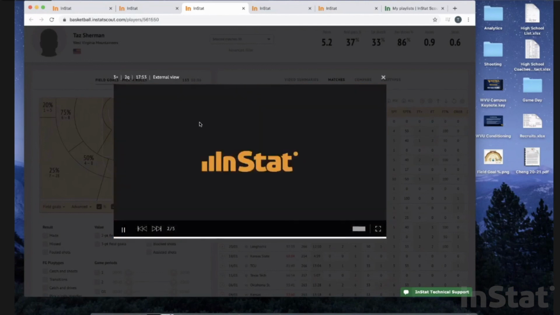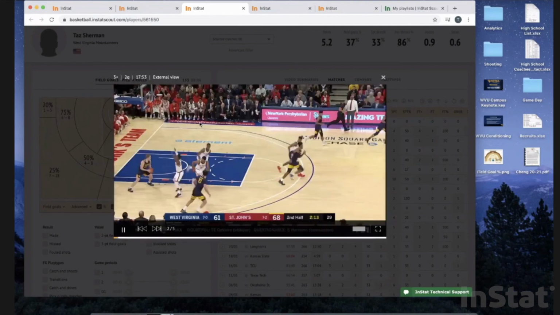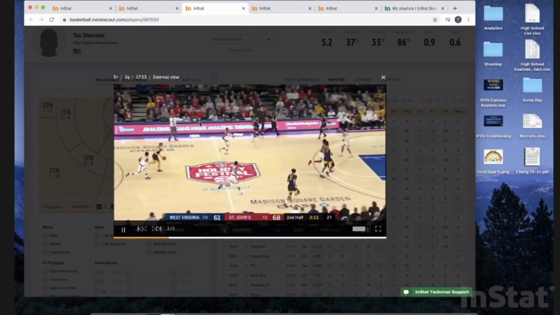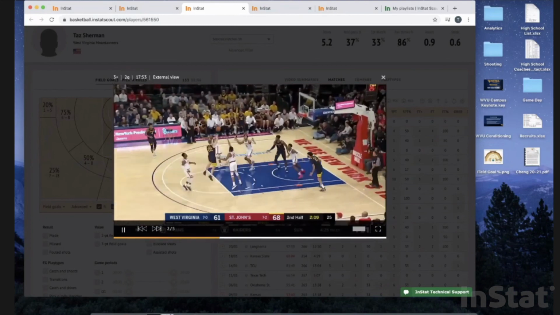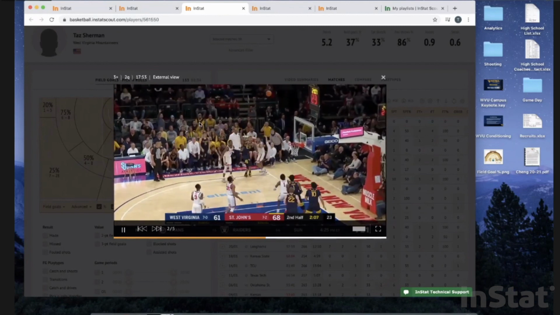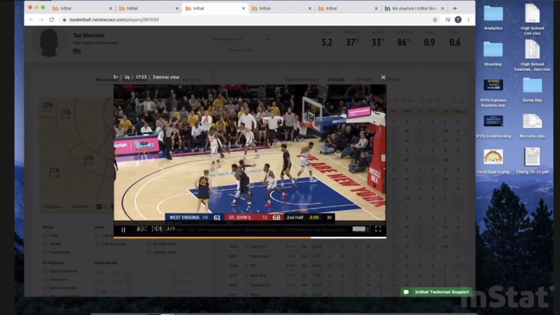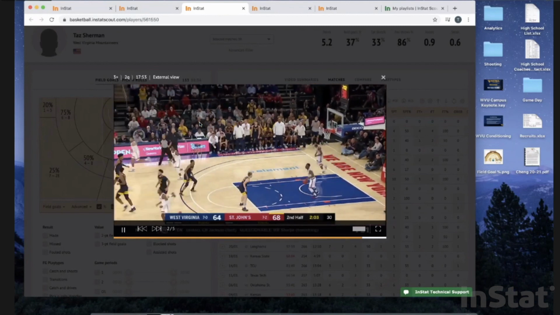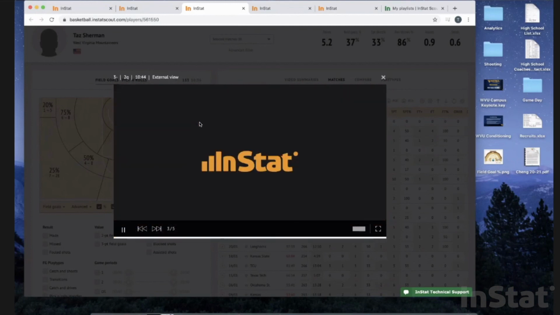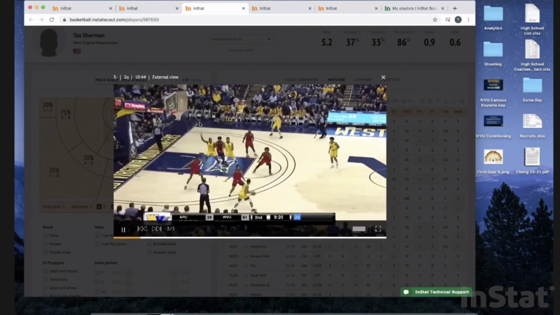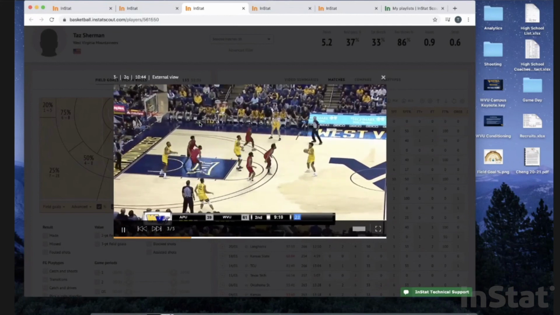so that he knows, okay, well, that was a catch and shoot shot very easily. So basically most of them are going to be catch and shoot shots because it is from the corner three. So right off the bat, we can look at, okay, a lot of times he's sliding down from the top to the wing, or from the wing to the corner.